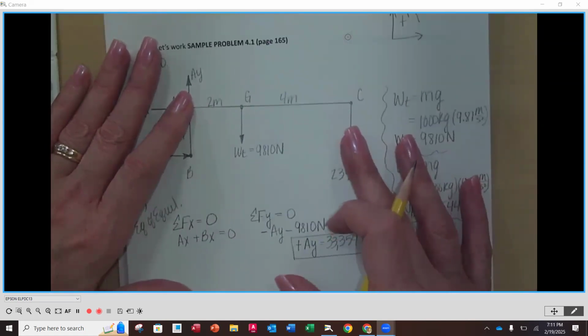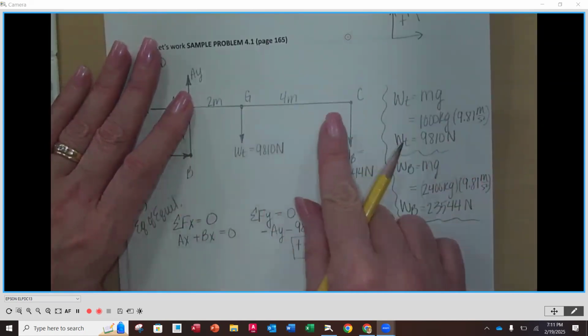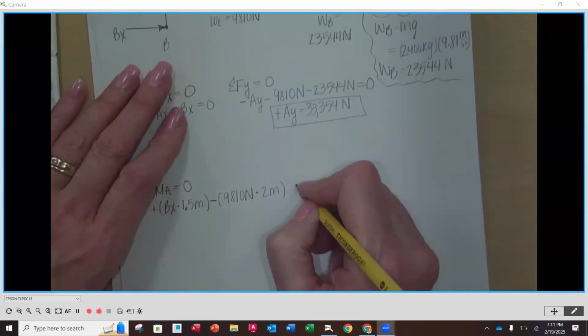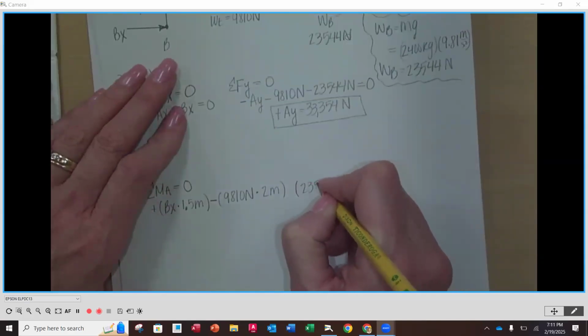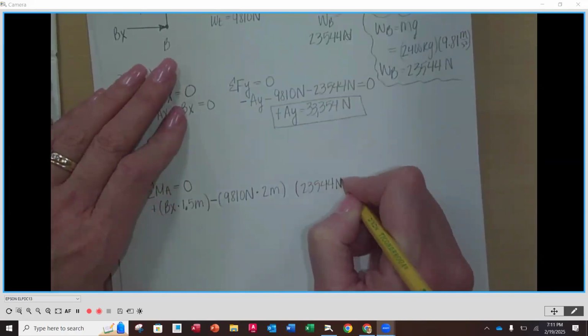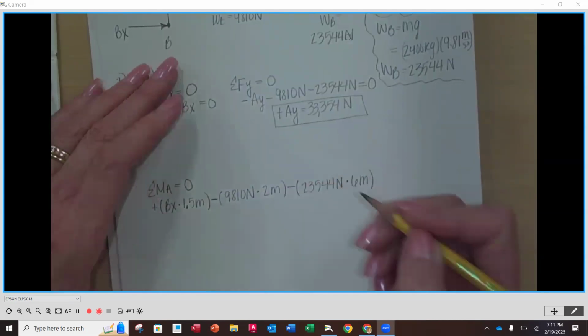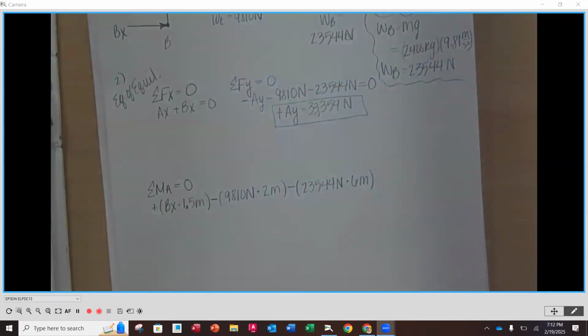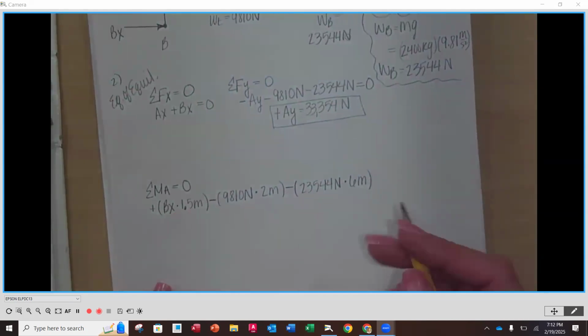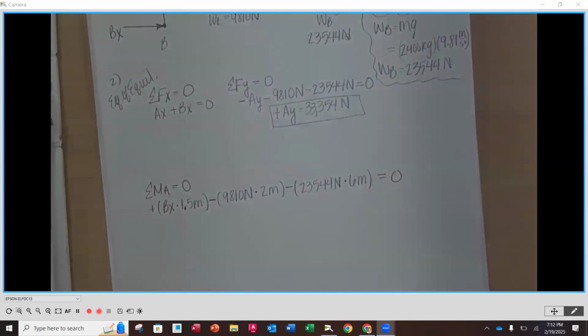That's also going to go in a clockwise direction, multiplied by 6 meters, and that is going to be negative out front as well. Those are all of my moments. Set it equal to 0.